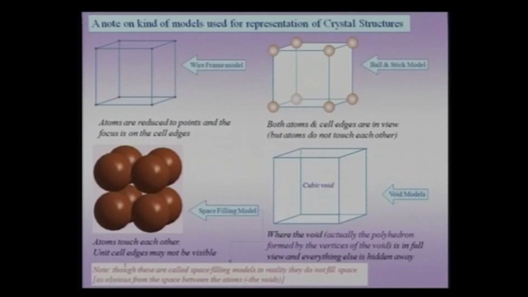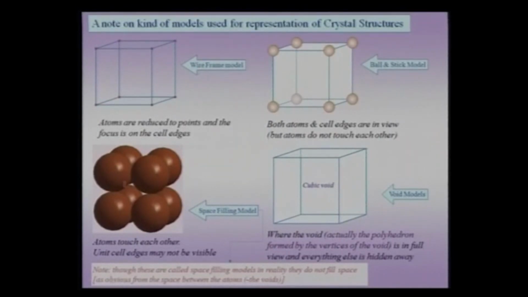An important point to note regarding the space filling model, and perhaps we talked about this a little when we considered the concept of space filling, is that even though we call it space filling, it is very clear that it does not fill up the entire space. Spheres, for instance, cannot fill up entire space. There is void, as you can see from this picture, left between these atoms or spherical entities, and so we have to understand that even though it is called space filling, it is truly not space filling.